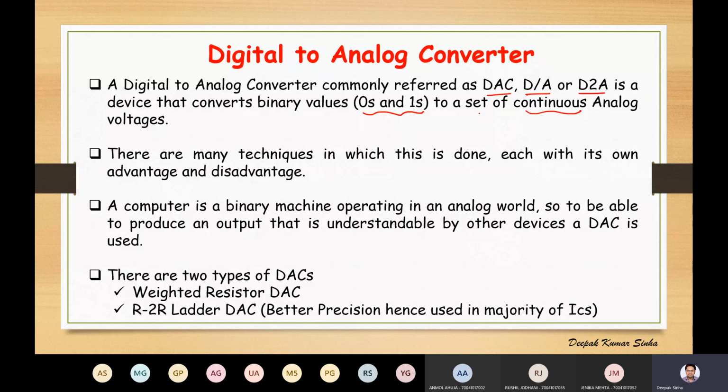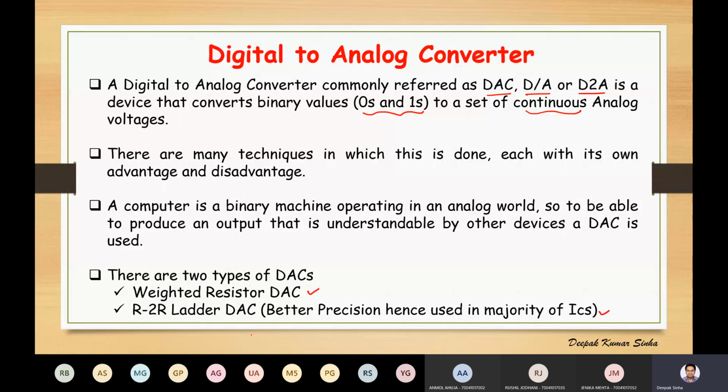We have to interface the DAC to the 8051. I have not taken those details here, but you know that there are two types of DACs: one is the weighted resistor, the second is the R2R ladder.